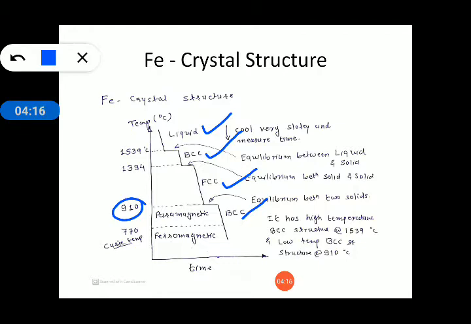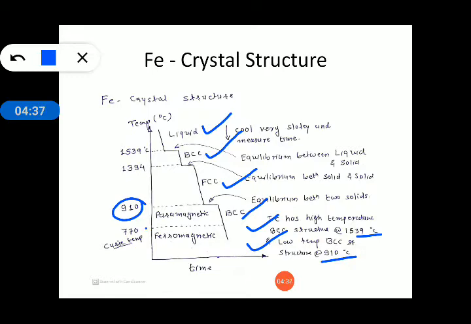So it has high temperature BCC structure at 1539 degrees centigrade, and low temperature BCC structure at 910 degree centigrade.